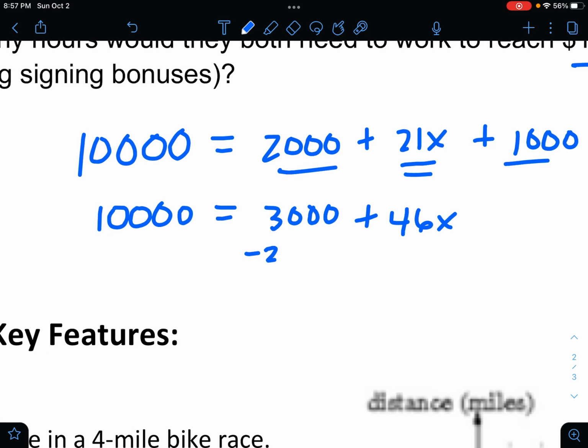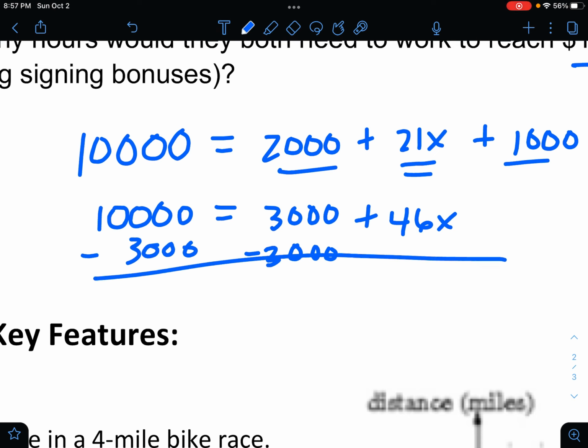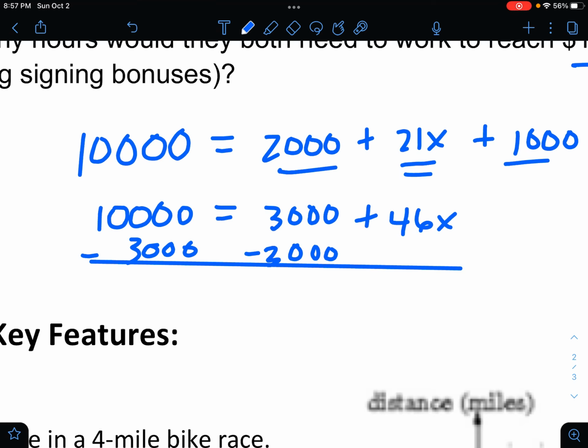Okay, subtract 3,000. Oops. Trying to go somewhat quick here. I know this is turning into a longer video, so I apologize. 7,000 equals 46x. And then divide both sides by 46.